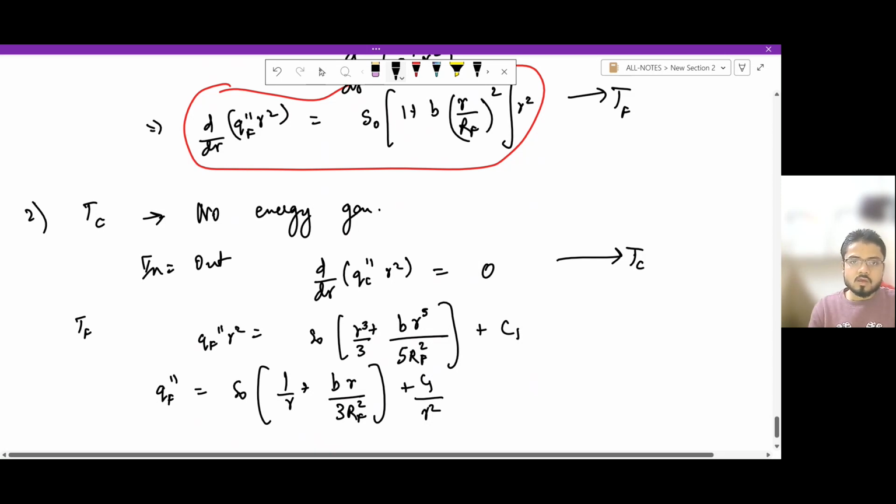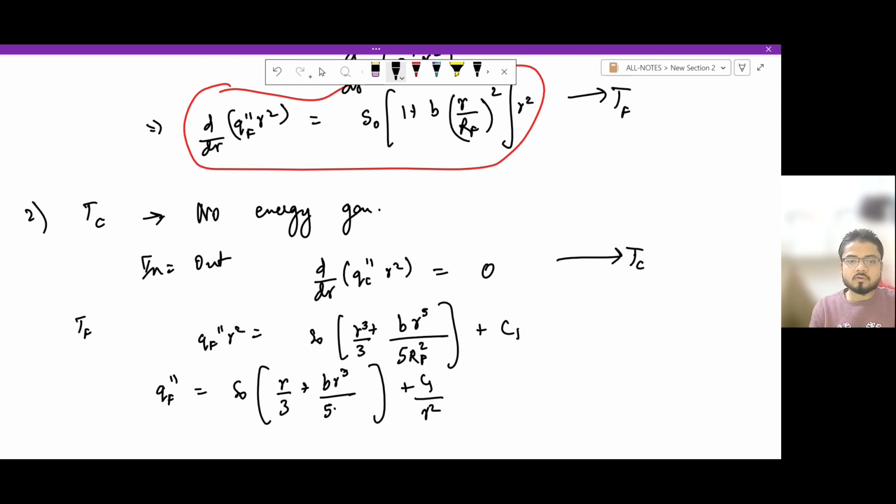And divide everything by r squared. But you'd be getting something of the form r over 3 plus b r cubed over 5 r F squared, plus C1 over r squared.